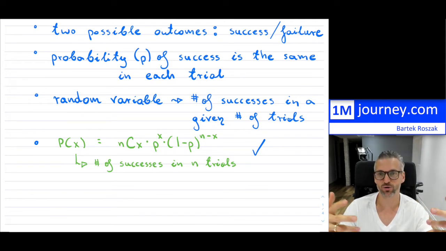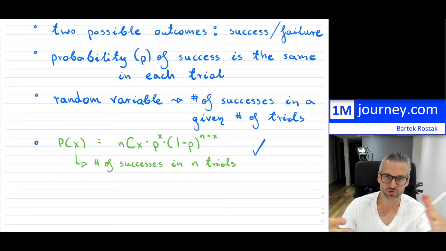That's why it's called binomial. The distribution component goes back to the probability distribution. So in a binomial exercise like flipping a coin, where you have a success or a failure, all you want to know is how many successes you've had. And then the distribution will be across all the possible trials.